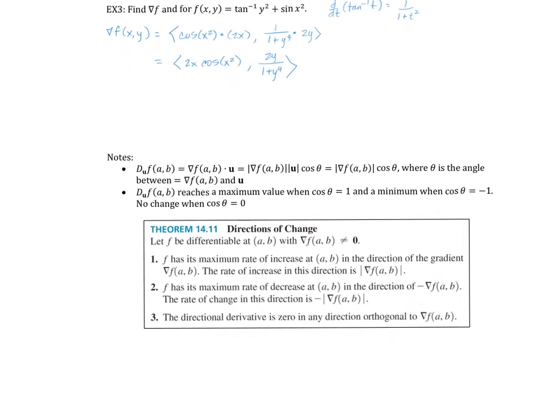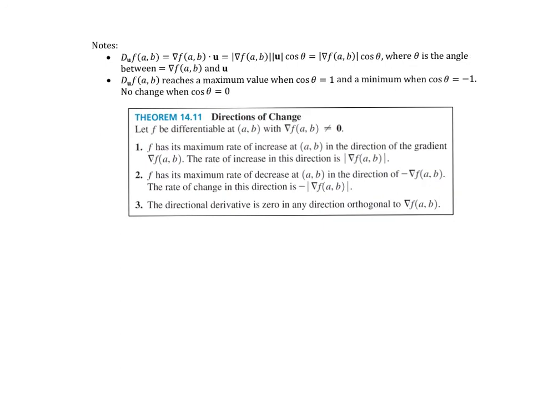Next thing I want to do is talk about some properties with our directional derivative and our gradient vector. So here in the notes, the directional derivative is the dot product between two vectors. If we go back to our previous chapter where we talked about dot products, remember that that would be the product of their magnitudes times cosine of theta. And this theta is not the theta of u with respect to the horizontal x-axis.